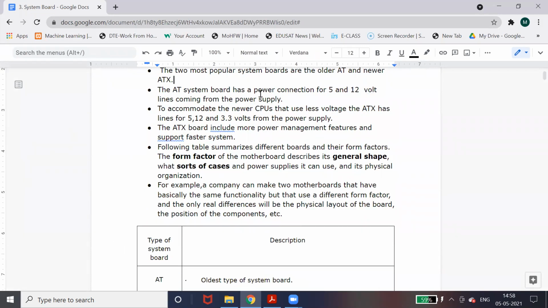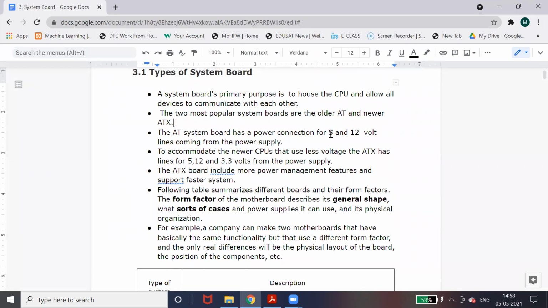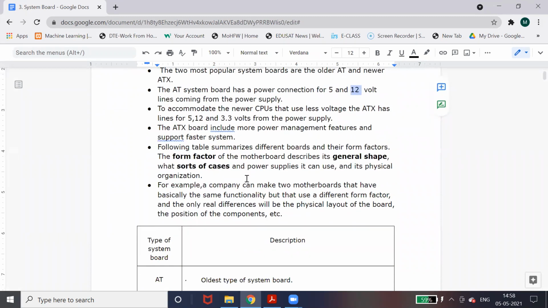Now this AT system board has power connections for 5 and 12 volt lines. There are different shapes of the motherboard, and this is also called the form factor of the motherboard.